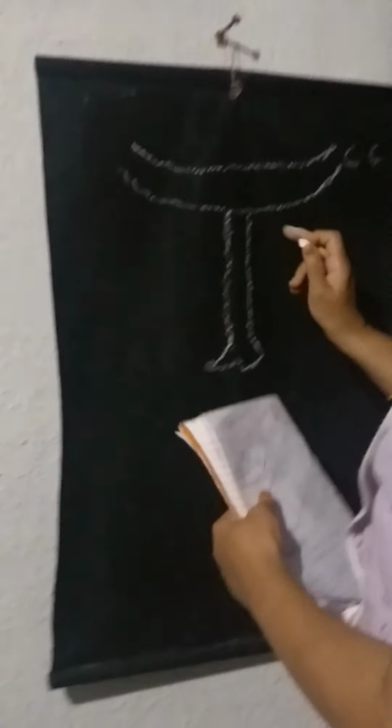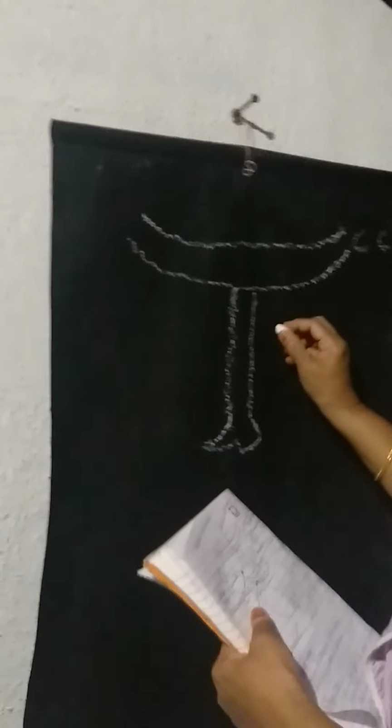On either side of the septum pellucidum, there is an irregular cavity called the lateral ventricle.